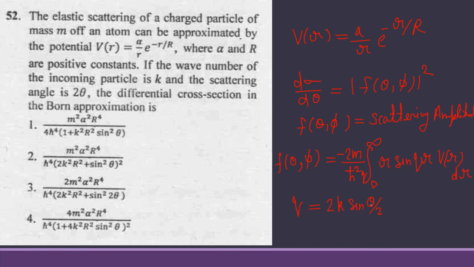But in the given question, theta is the scattering angle. Okay, but in the given question, the theta is 2 theta. So you can replace this theta by 2 as theta only. So here you will get 2k sin theta. Okay, now put this value in the known formula.